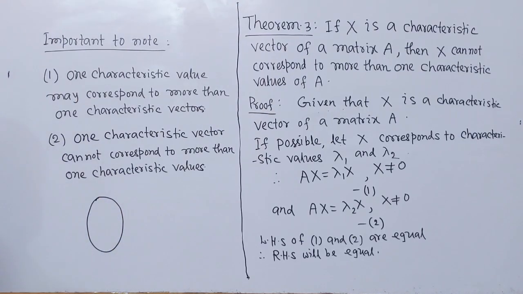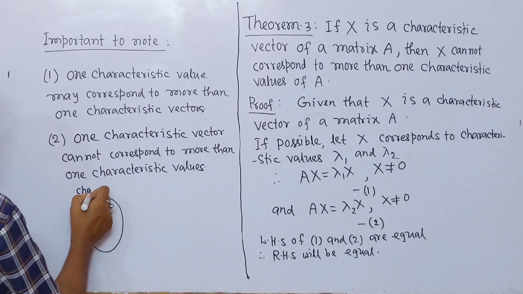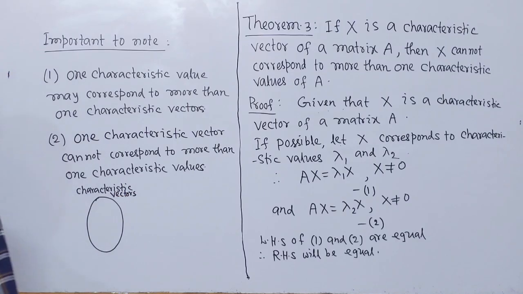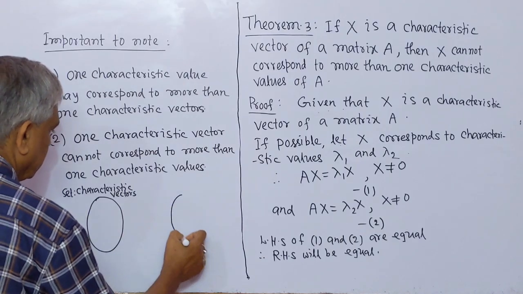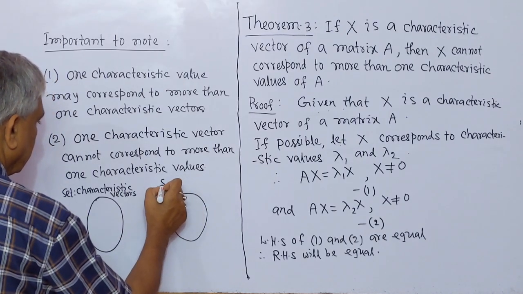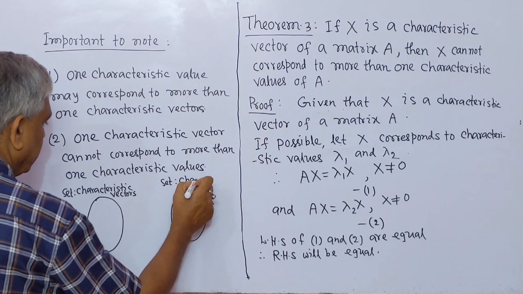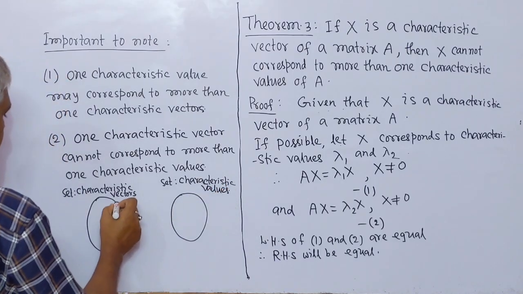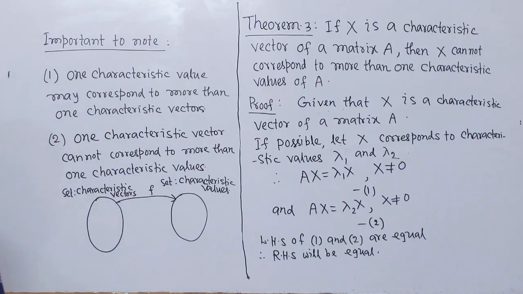This is the set of characteristic vectors. This is the set of characteristic values. This is a function f.